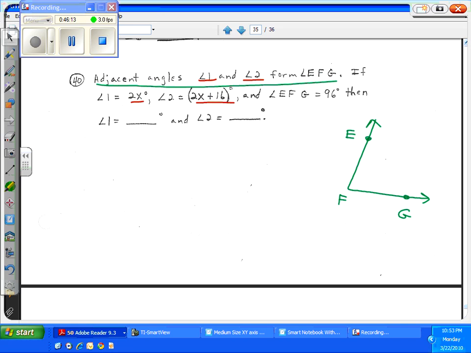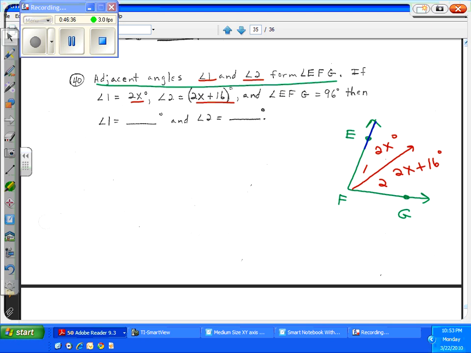If angle 1 is 2x and angle 2 is 2x plus 16, that shows us that angle 2 is a little bit bigger. So somewhere in here we've got two angles. Angle 1 is a little smaller than angle 2, and angle 1 is represented by 2x degrees, and angle 2 is represented by 2x plus 16 degrees.